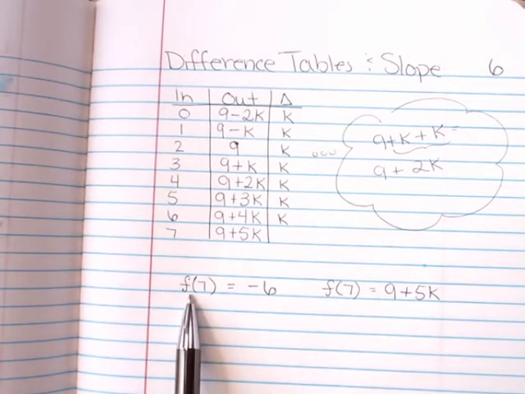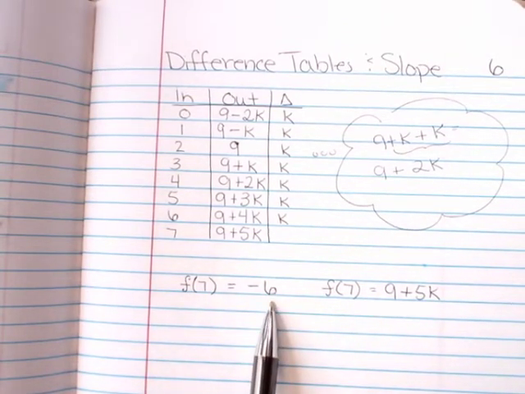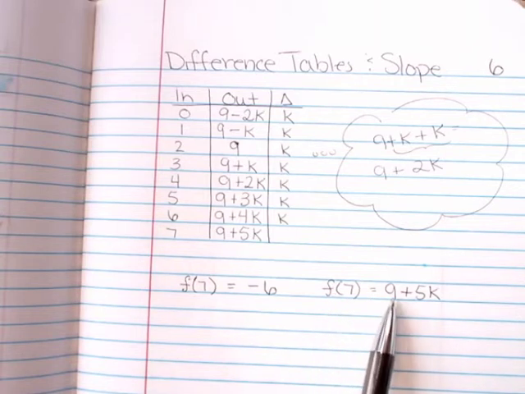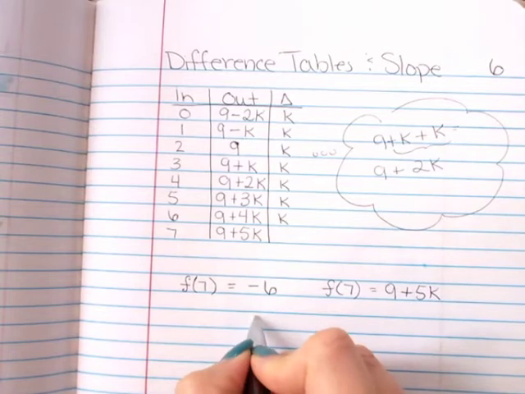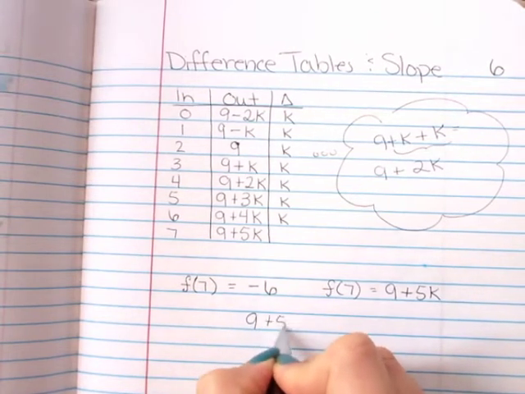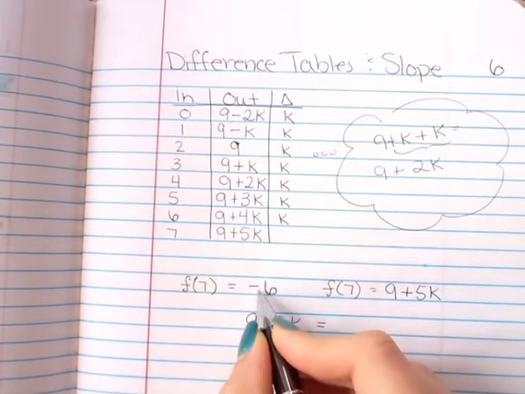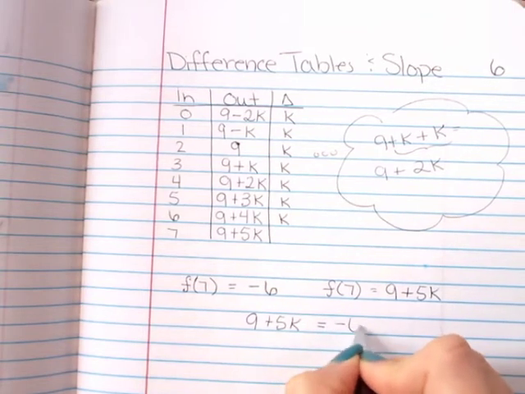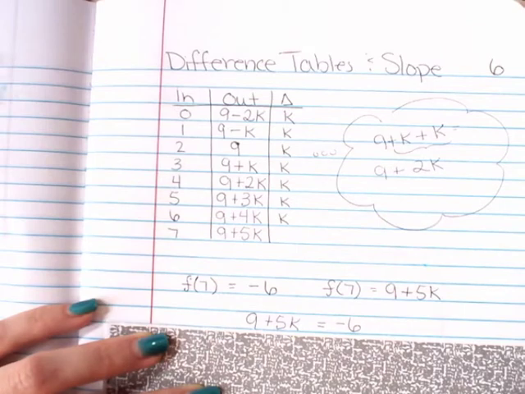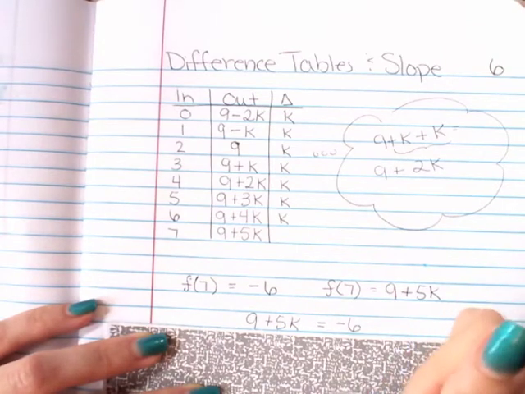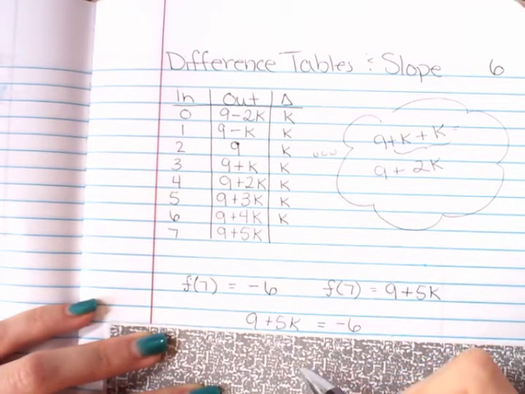So if f of 7 equals negative 6 and f of 7 equals 9 plus 5k, that tells us that 9 plus 5k has to equal negative 6, because those two things both equal f of 7. So now if we want to figure out what k is, we can solve this equation to help us find our constant of k.